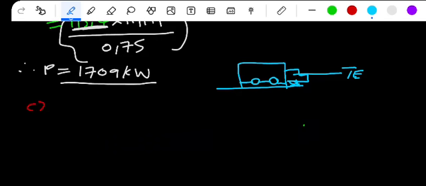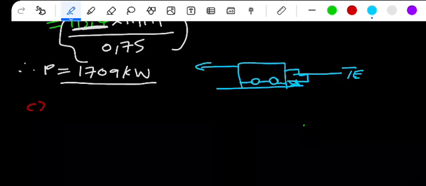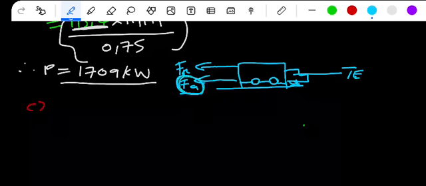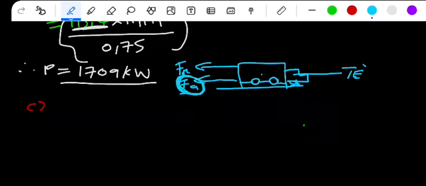Then in the opposite direction, since we have the friction, we'll have FR, the total rolling resistance. Then we have FA, which will act in the opposite direction. FA is the force required to accelerate the locomotive.